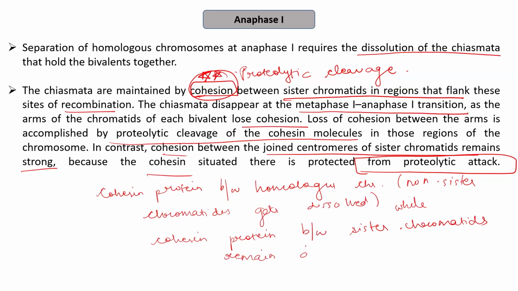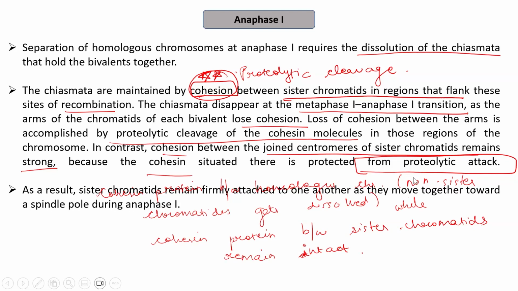Right? This is very important: the cohesin protein between the sister chromatids remains intact, while the cohesin protein between the non-sister chromatids gets dissolved. As a result, sister chromatids will remain attached to each other, while the homologous chromosomes will get separated.